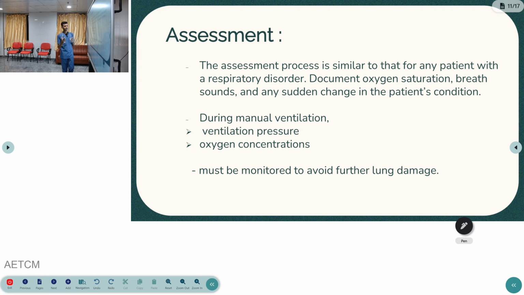So what is the assessment? The same assessment: we have to document the oxygen saturation, auscultate the breath sound, and ask whether the person is suddenly worsening or improving.